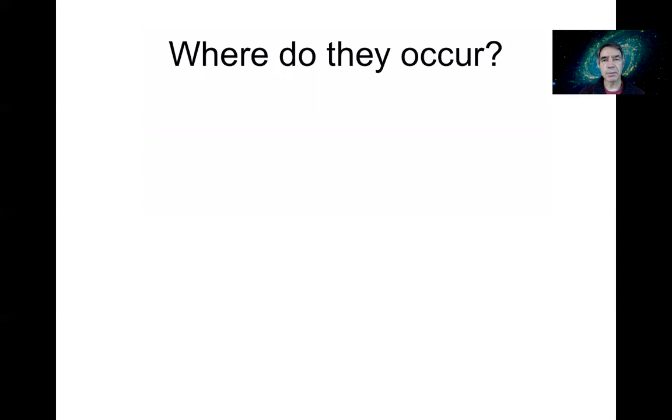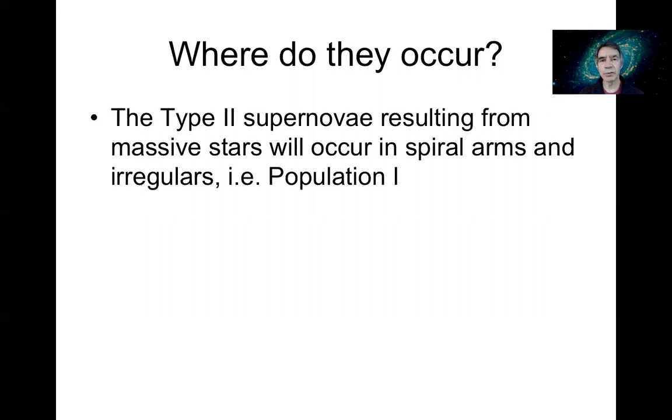Okay, so just to finish up, I want to compare and contrast a little bit, come back to where we started with these two types of supernovae. And here the notation gets even more confusing, so apologies for that. Remember, the type 2 supernovae come from the massive stars exploding, but of course the massive stars are part of the population 1 stellar population, and they occur in spiral arms and irregular galaxies.